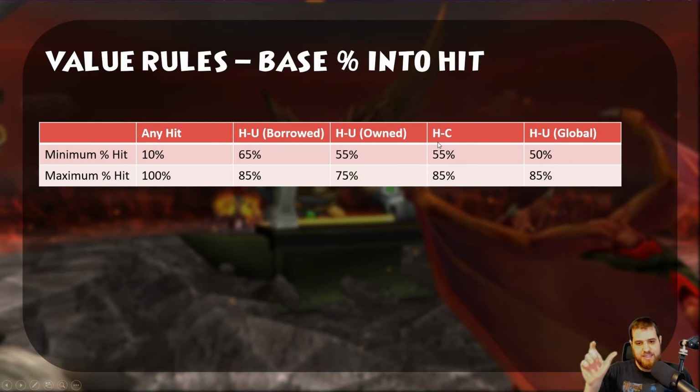And then hit and conditionals basically encapsulates both of the previous two, 55 to 85. And then globals, this shouldn't necessarily be a whole separate column, but basically globals are 50%. That's why they were an exception to the 55% rule. We just said that was okay for those spells specifically.